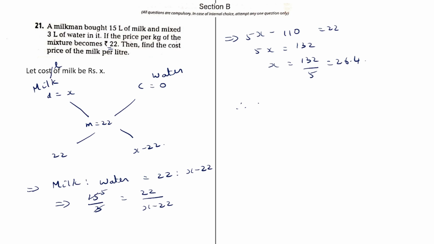Therefore, the cost price per liter of milk is equal to rupees 26.4. So this is the cost price per liter of milk. This is a question for 2 marks.